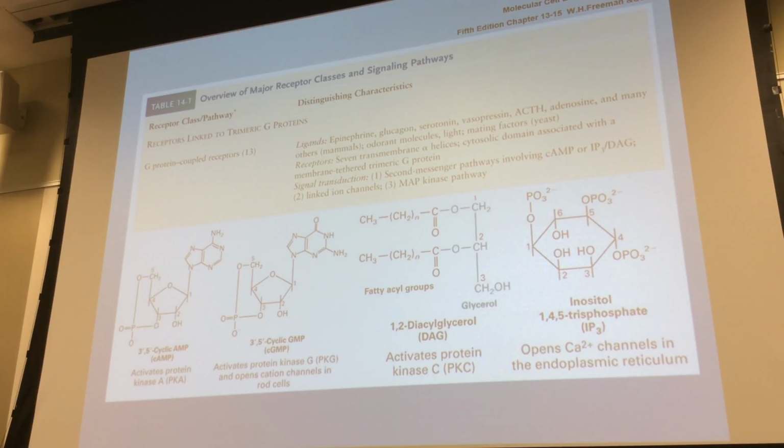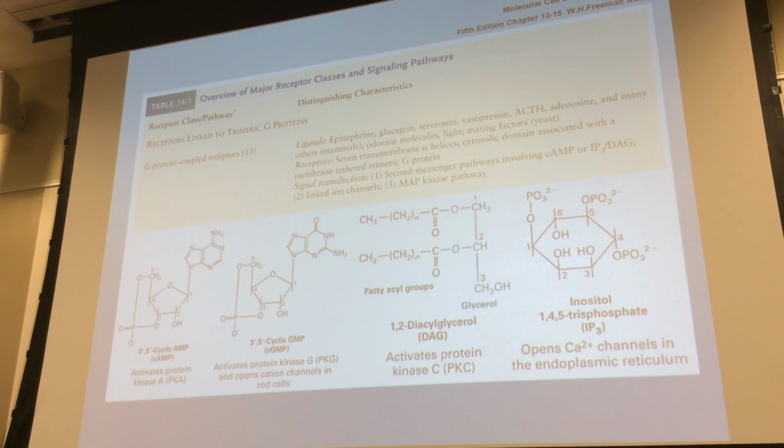Then what's released is that head group that used to be down here. And that's a diffusible product because now look at all these phosphates. That makes them water soluble. So they can leave the plasma membrane and they can open channels in the endoplasmic reticulum. So these are also second messengers.